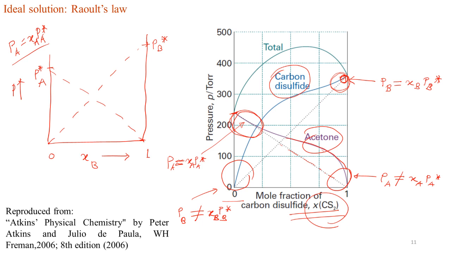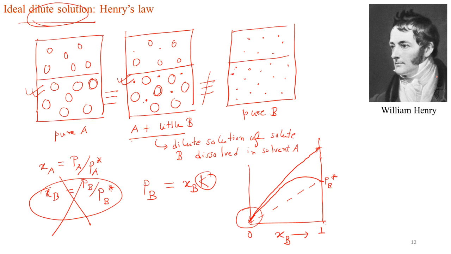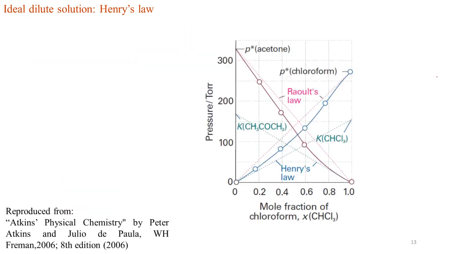For the other component, of course, there will be very good agreement because it acts as a solvent, and the solvent is in large excess, which is equivalent to saying its properties are equivalent to the properties of the pure solvent itself. So Henry's law is just reformulating Raoult's law in a newer way, in some sense.